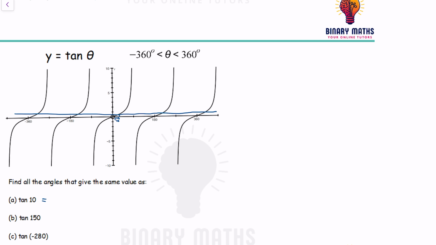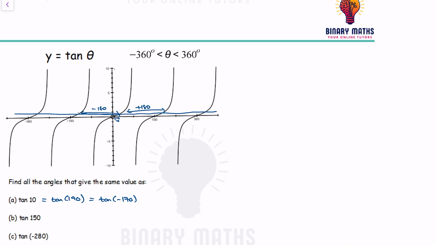So tan 10 is the same thing as tan of 10 plus 180, which is equal to tan of 190 degrees. Tan of 10 is also the same thing as 10 take away 180, which is equal to tan of minus 170.